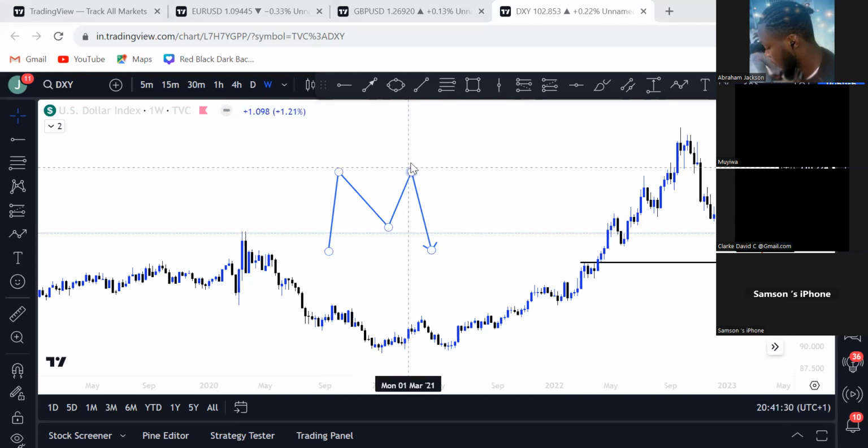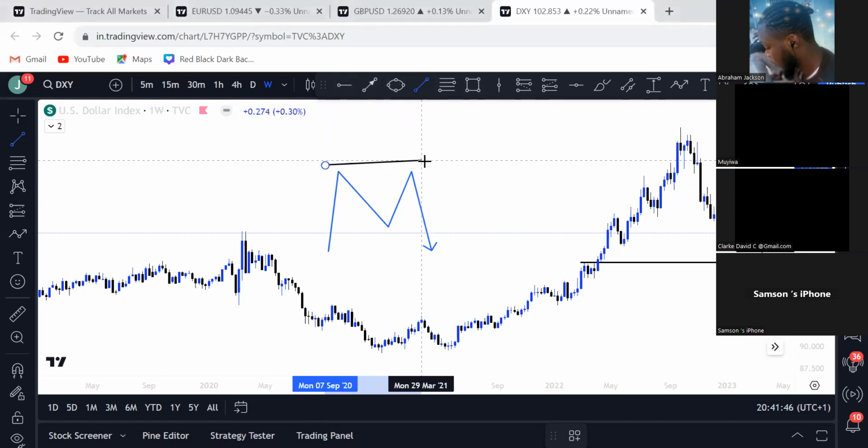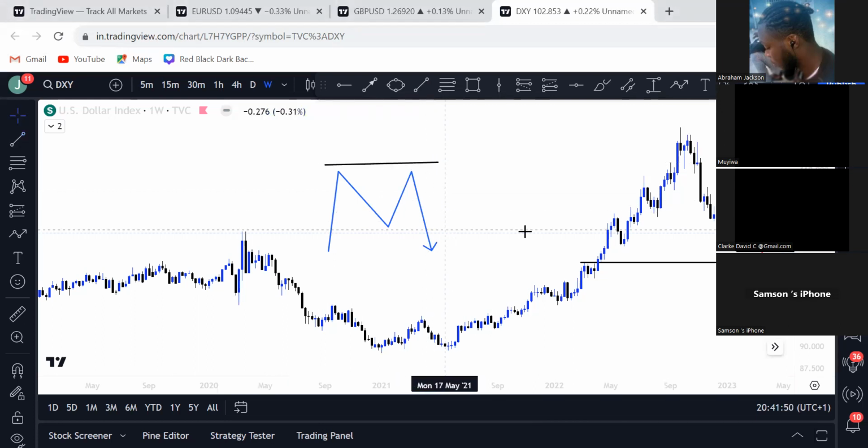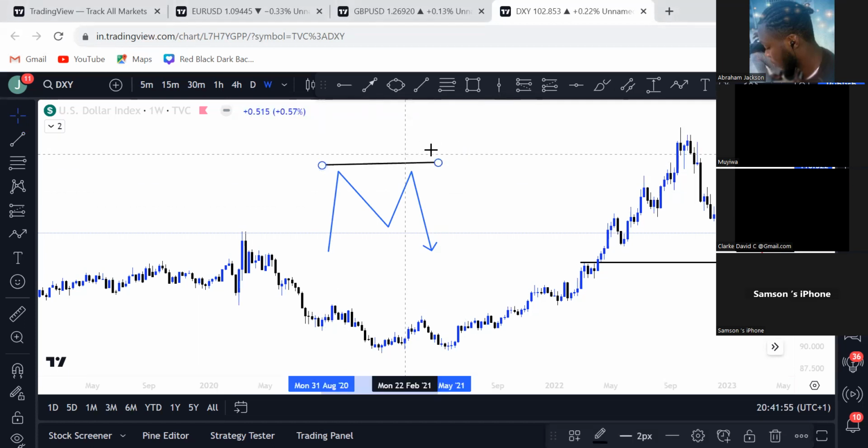Now, when I see this double top as a retail trader, what comes to my mind is I want to join a sell, right? I want to start selling this market because a double top is supposed to make the market drop. And then when I join this trade, where am I going to put my stop loss? My stop loss is going to be somewhere around here. Is that not so? Right? My stop loss will be above.